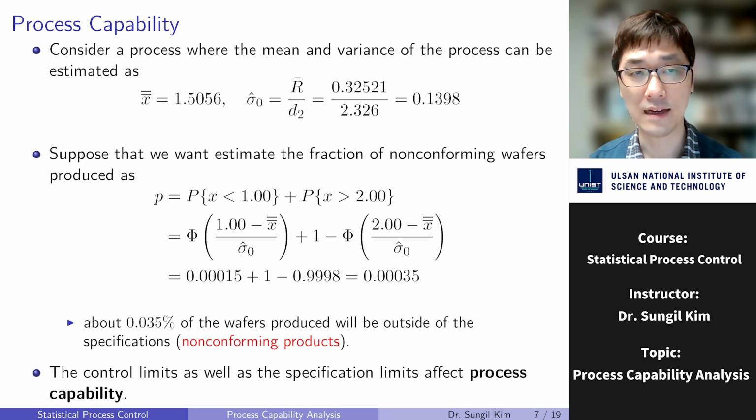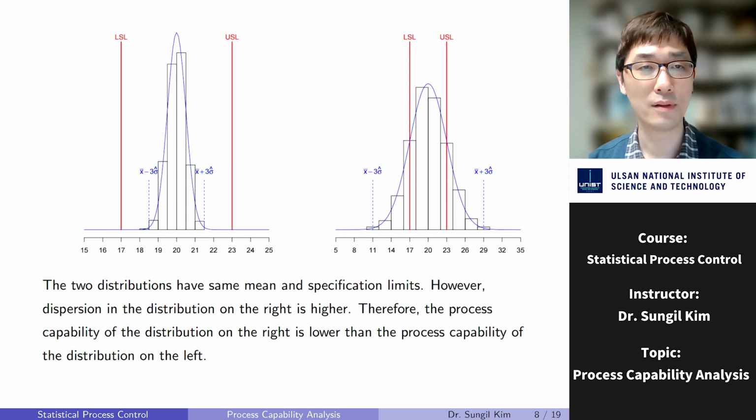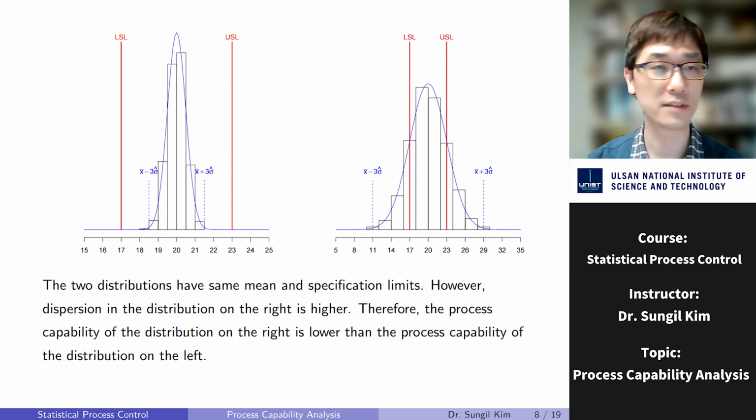This indicates that the control limit as well as the specification limit both affect process capability. This example demonstrates how both the control limit and specification limit affect process capability.